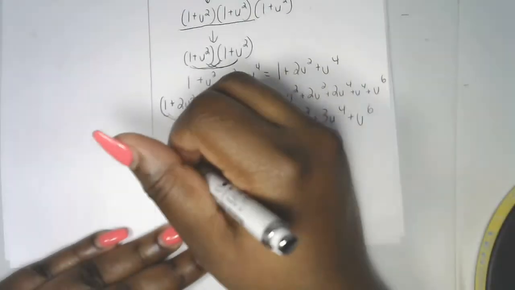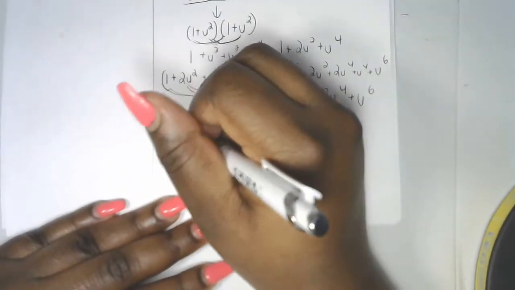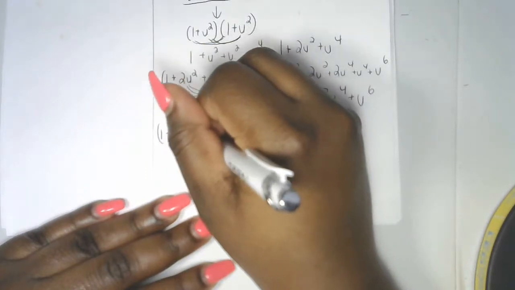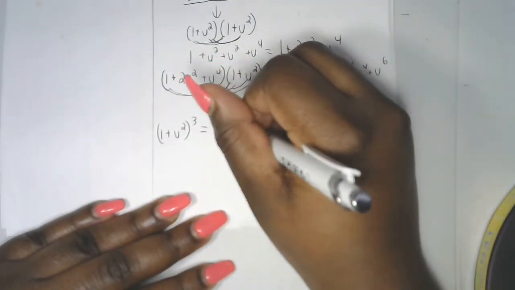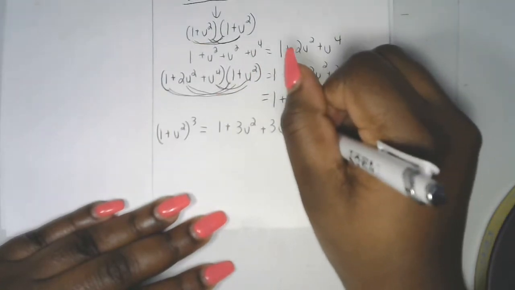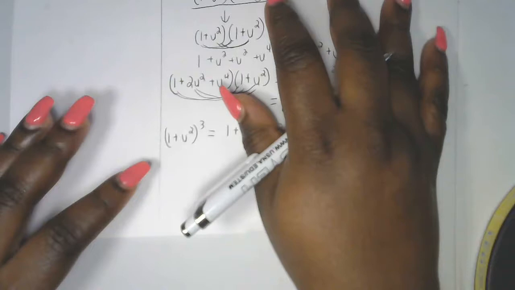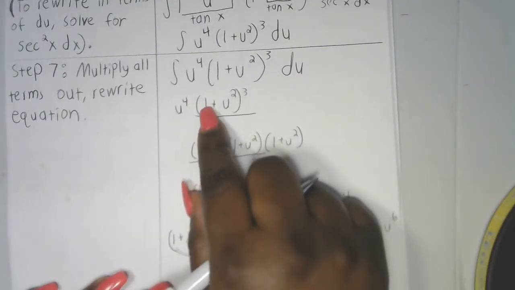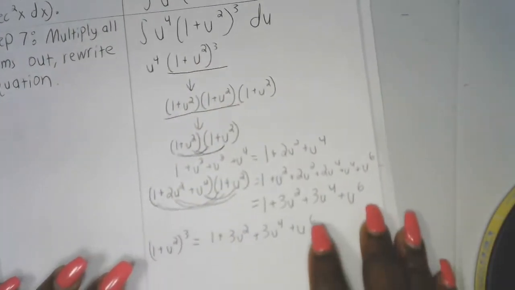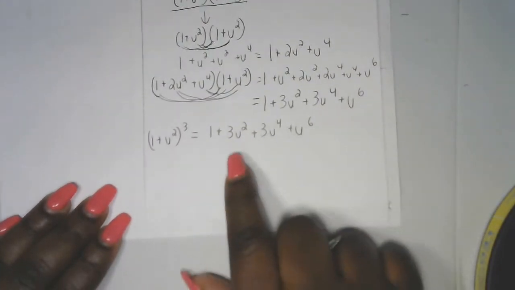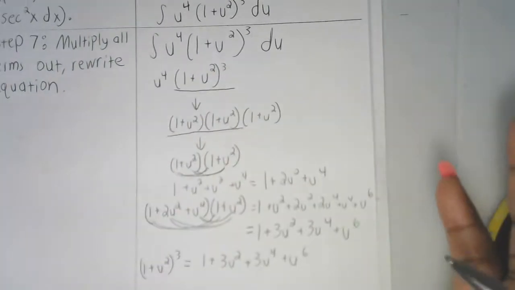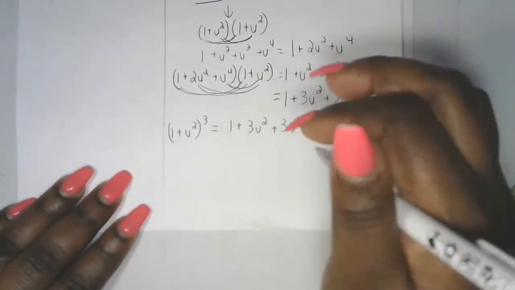So now we have established that 1 plus u squared cubed is equal to 1 plus 3u squared plus 3u to the fourth plus u to the sixth. And since what we had before was u to the fourth times 1 plus u squared, all that cubed, we're going to take this whole thing and multiply it by u to the fourth to get the answer to multiplying everything out.